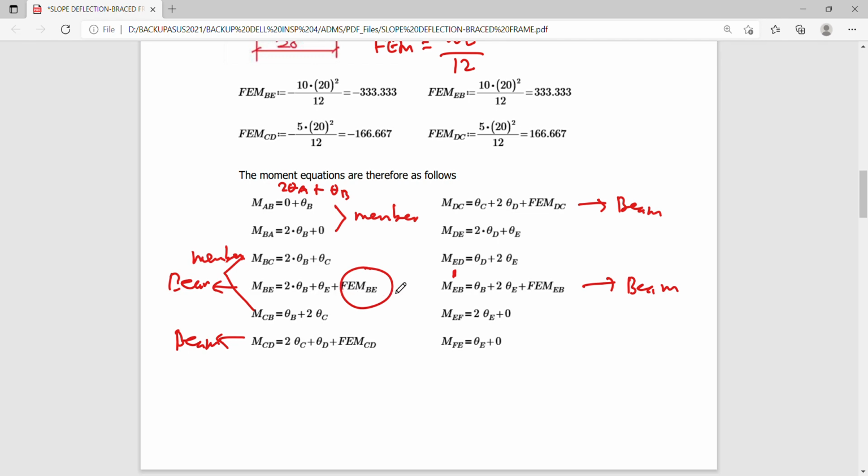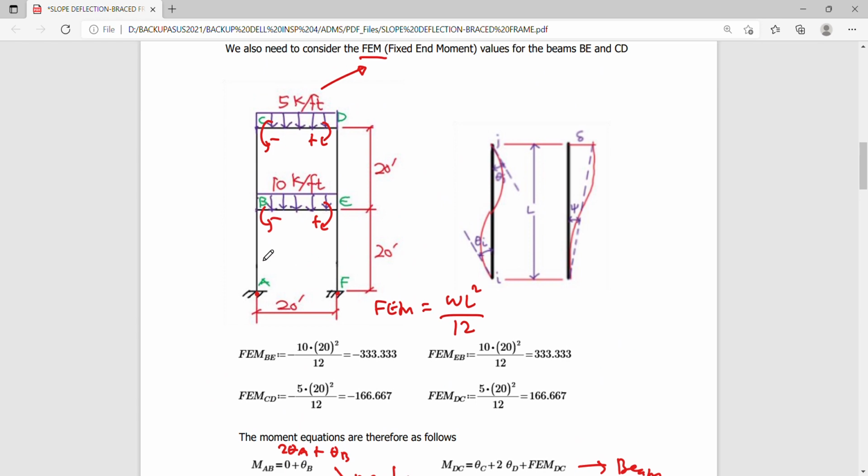Member AB and BA, these two here, will be considered one member, and these two here, BC and CB, will be considered another member, and so on. So all in all, we have 2, 4, 6, 8, 10, 12 moments, which correspond to 6 members, as we are counting 6 members here. Member AB is 1, this is 2, then this is 3, 4, 5, and 6.